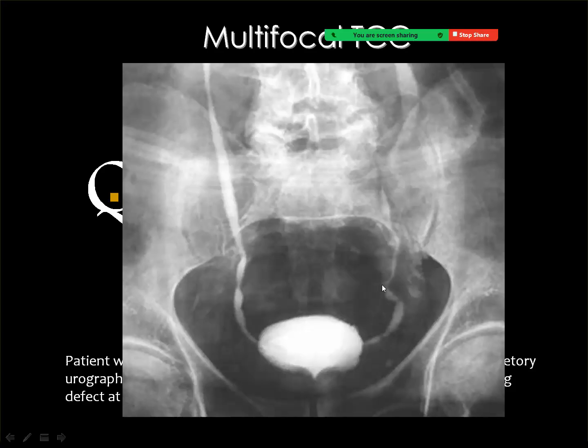The same applies to polyps in the colon, because the pedunculated polyp is surrounded by contrast from all directions, but the sessile polyp, which is most likely malignant, is not surrounded by contrast material.